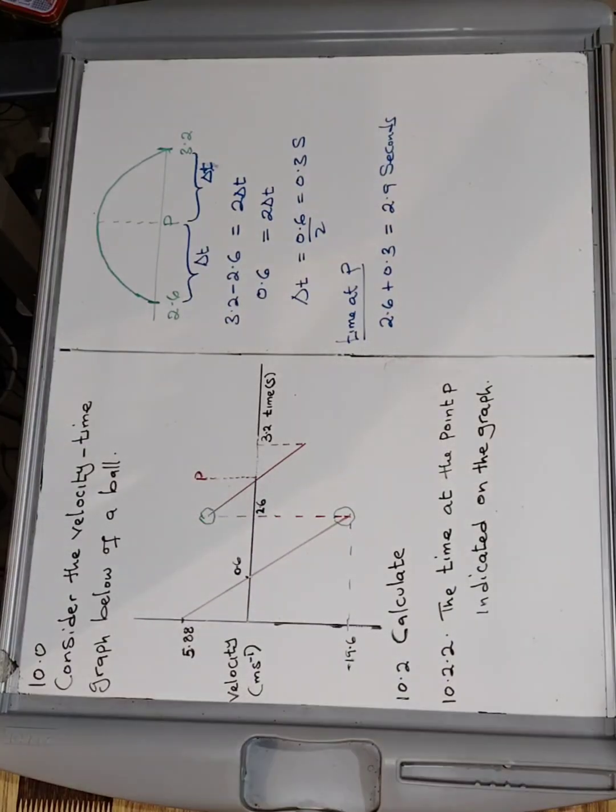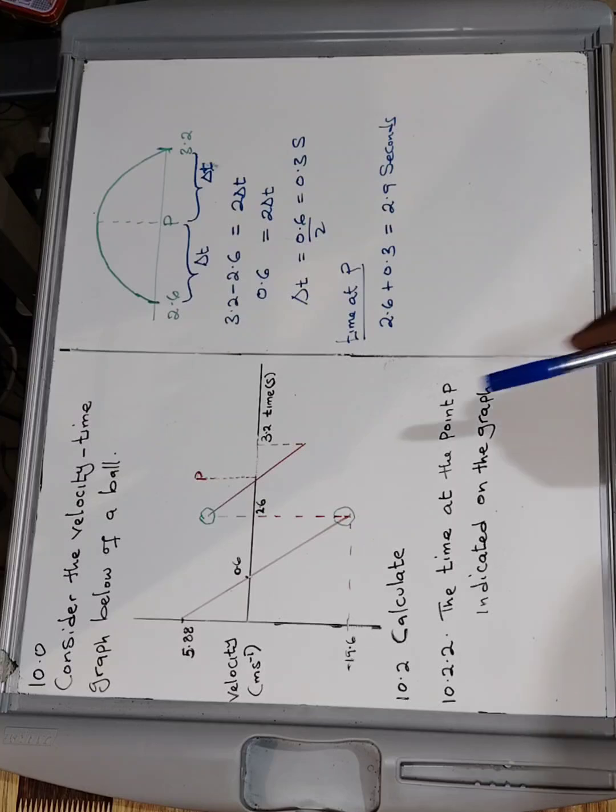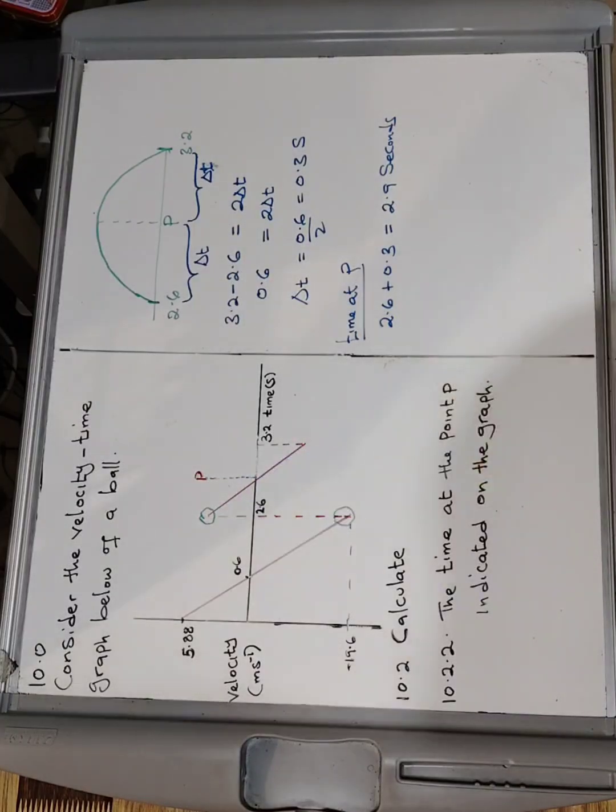The reason why I normally write seconds in full is to not confuse 5 with S. So it's 2.9 seconds. So that point is 2.9 seconds.